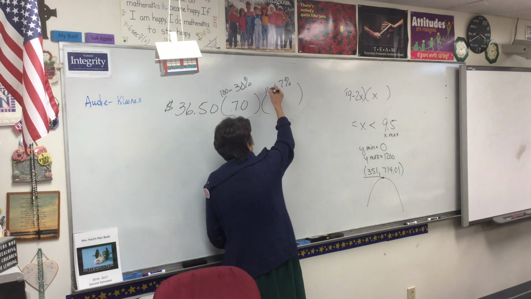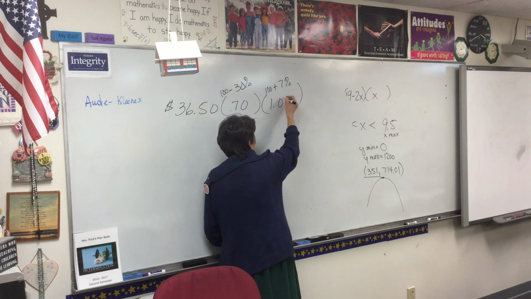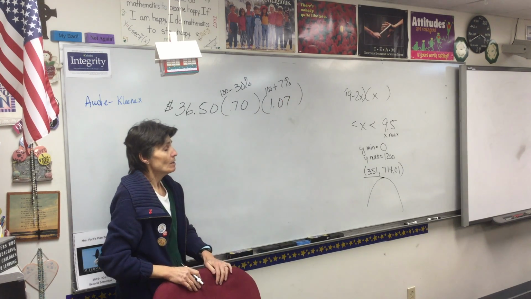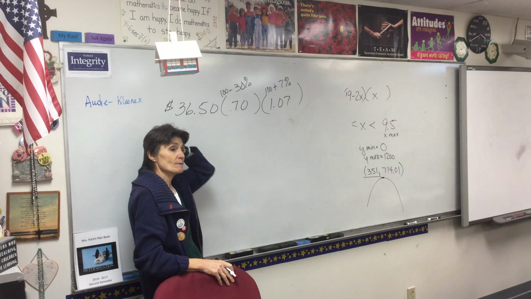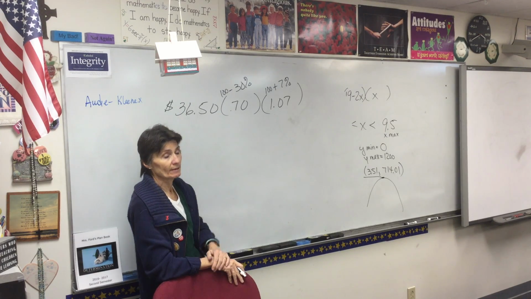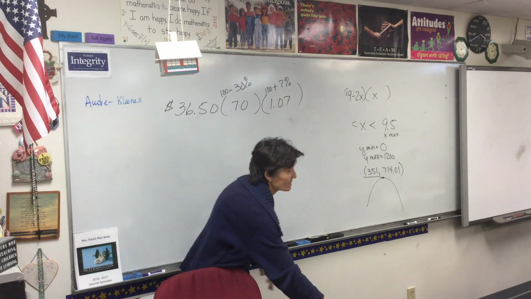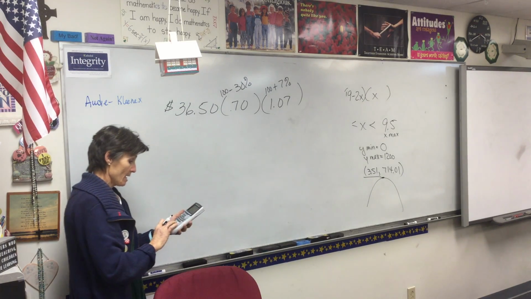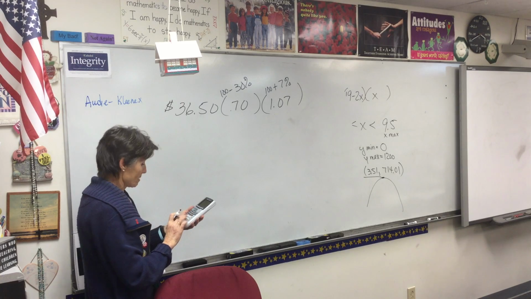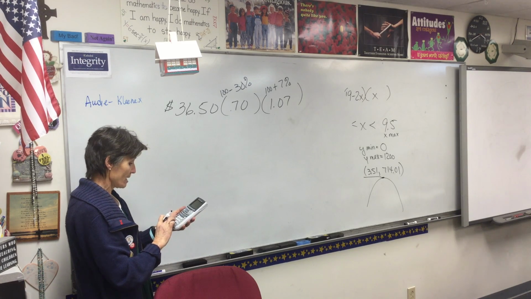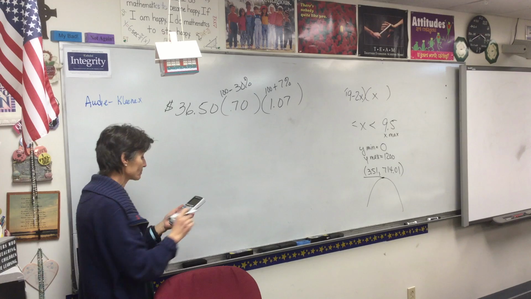And then this is 100 plus 7, so I'm gonna multiply by 1.07. Remember, if it's a discount, you subtract it from 100. If it's an add-on, you add it to 100. So we're just gonna take 36.50 and multiply it by 0.7 and 1.07.